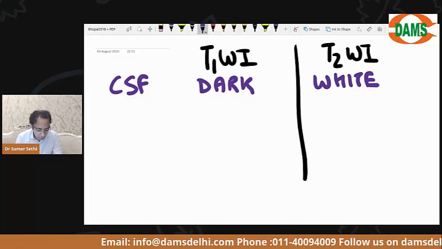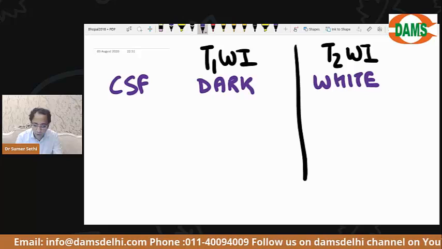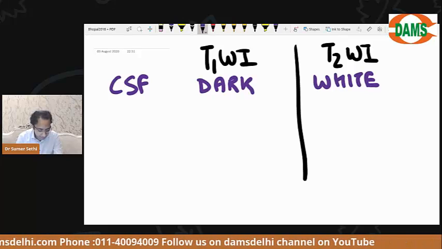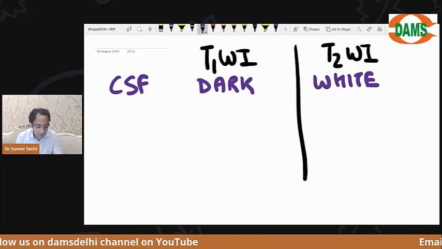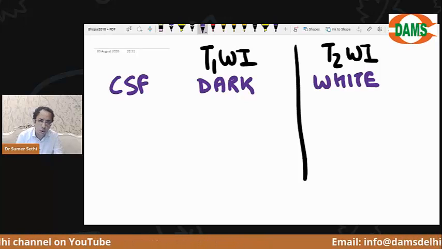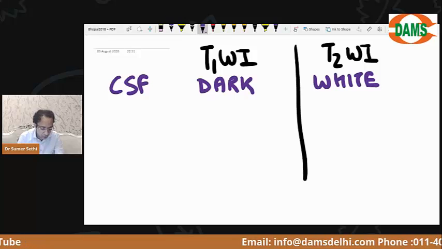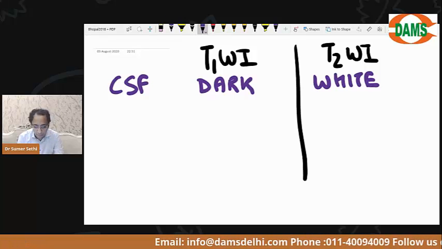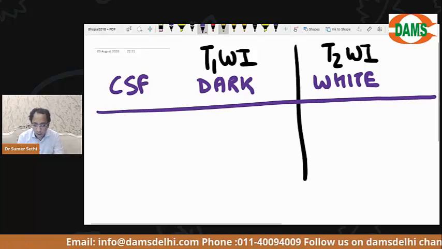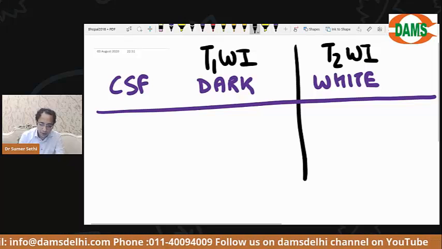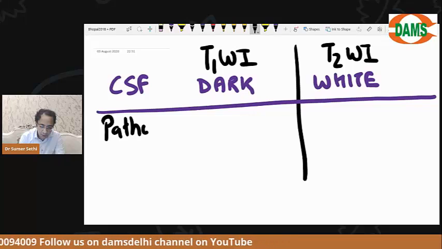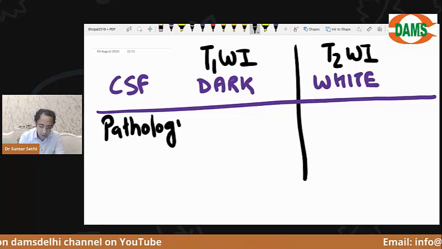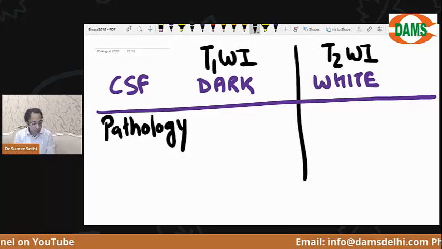I will repeat when I come to that topic again. I'm just giving you the overall impression. I'll show you the images. Don't worry, listen to me. Now see an answer. CSF on MRI appears dark on T1 weighted image, white on T2 weighted image.